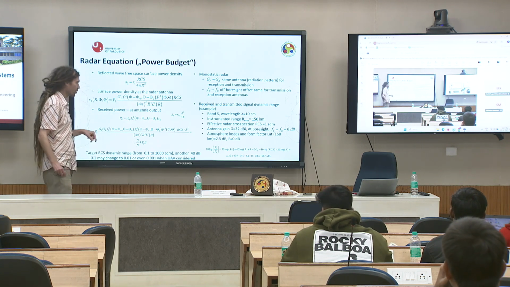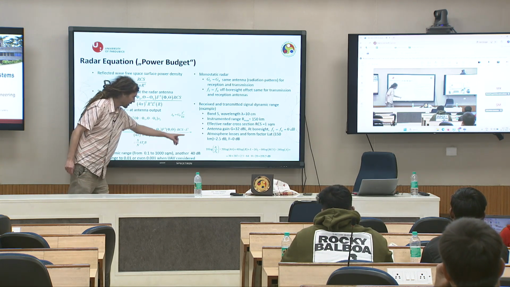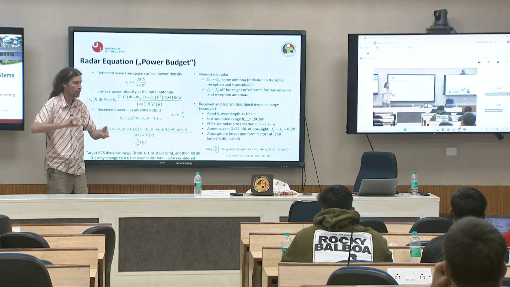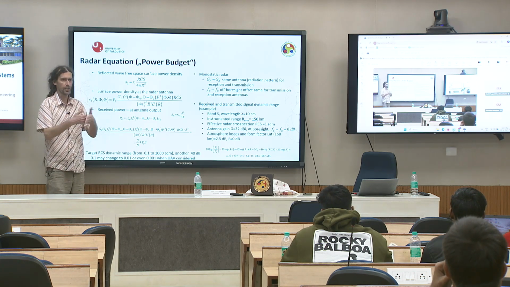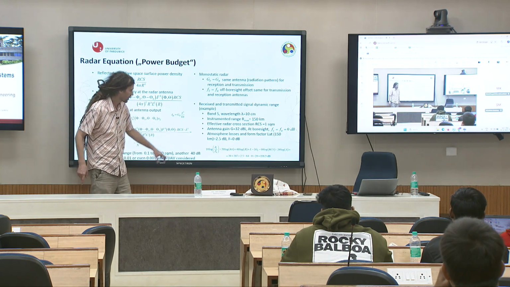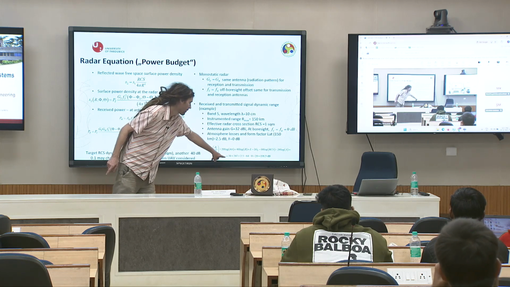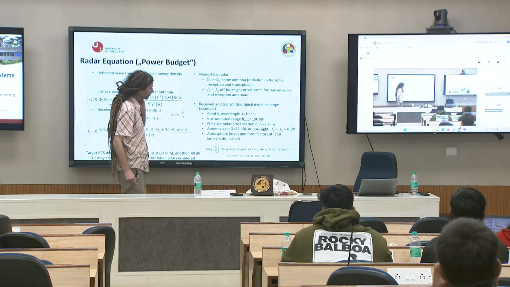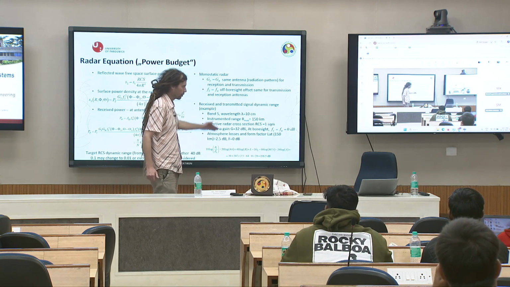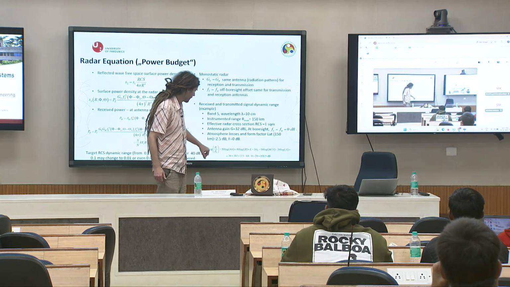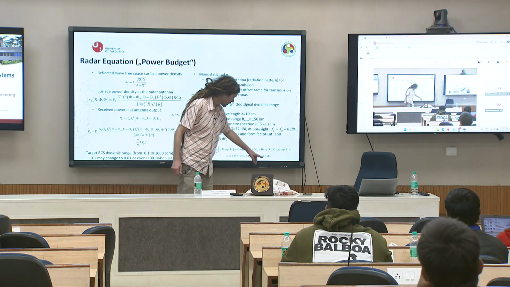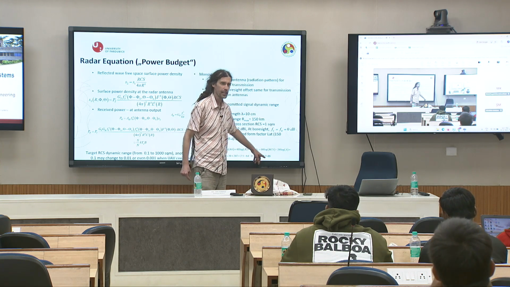Of course, we usually don't compute received power in this form, but we convert it to decibels. Why? Multiplication becomes just summation and division becomes just subtraction. It is much better. There you have an example. In this example the ratio between transmitting and receiving power is about 200 decibels.